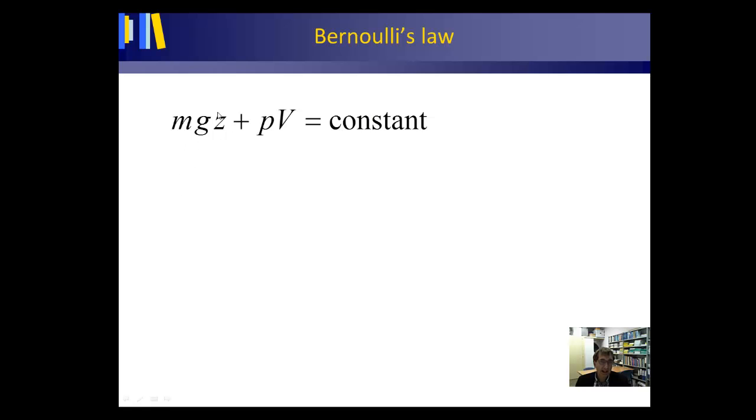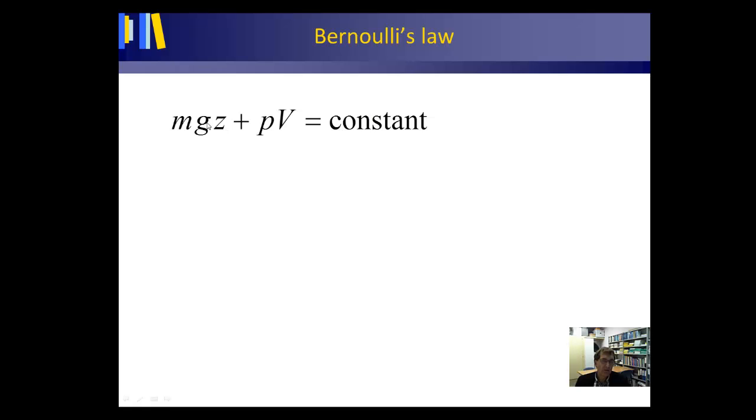Instead, you only see here potential energy, and you see here pressure energy. Of course, m is the mass of the water in kilogram. g is the acceleration due to gravity, which is approximately 10 meters per square second. And z is the height or the altitude above reference level.